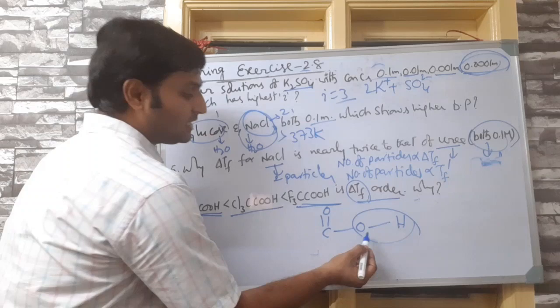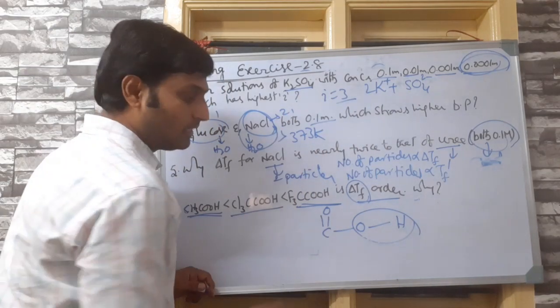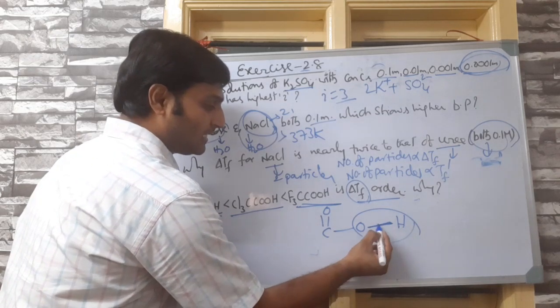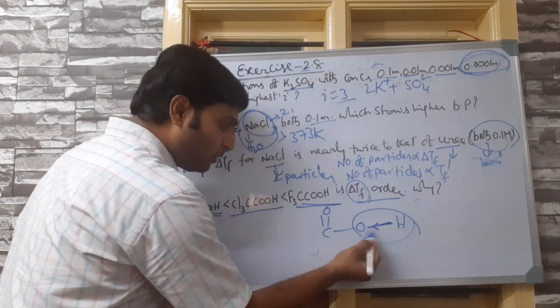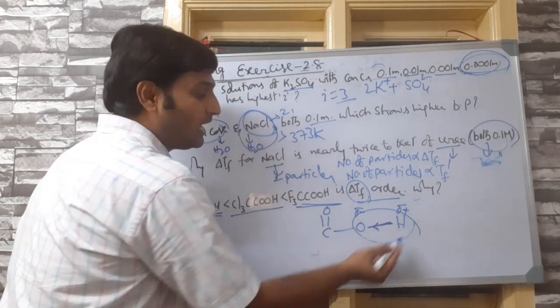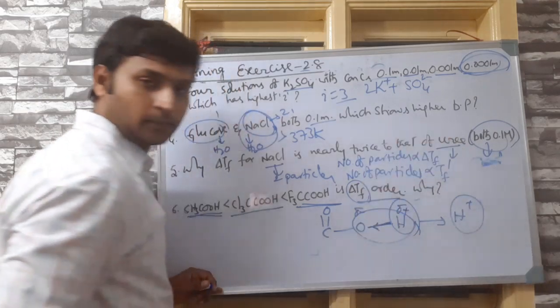Now, for this OH bond to become weak so that it can break readily and release H plus, the polarity should be stronger such that electrons should be pulled more by oxygen so that hydrogen becomes more and more electropositive. If hydrogen becomes more and more electropositive, losing it as H plus becomes easy.